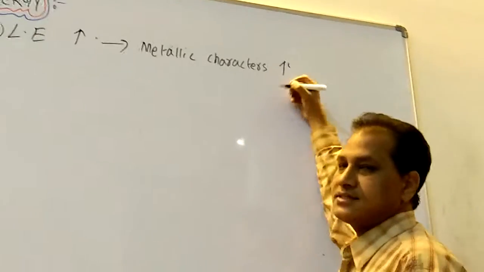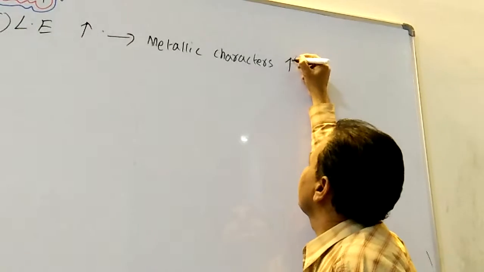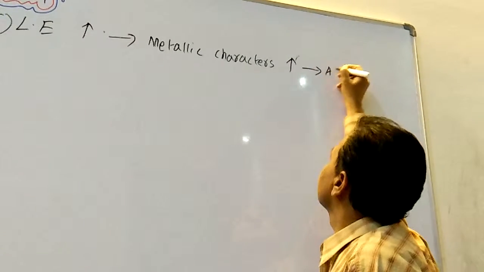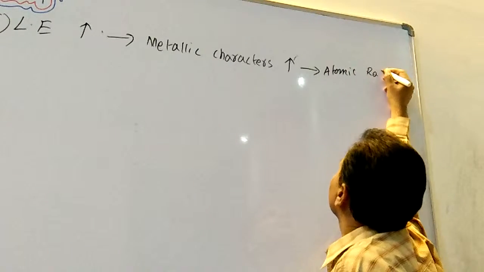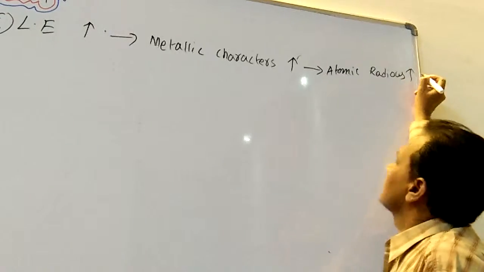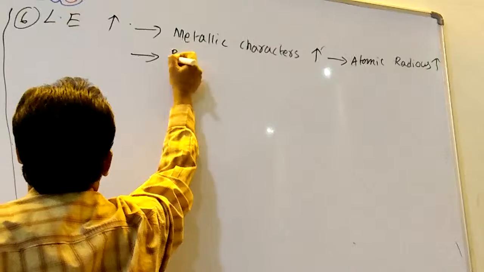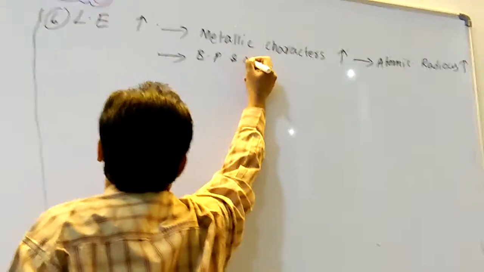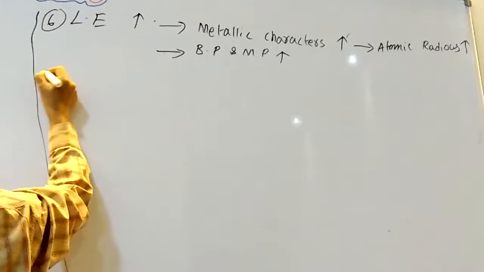Why? Because size increases, atomic radius increases. And the boiling point and melting point of a metallic compound increase.